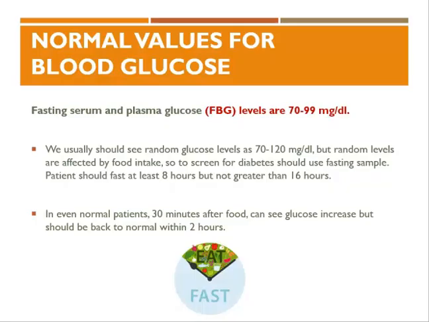A patient should fast at least 8 hours, but not greater than 16 hours. Even in normal patients, 30 minutes after food, you will see a glucose increase, but it should be back to normal within 2 hours after eating.